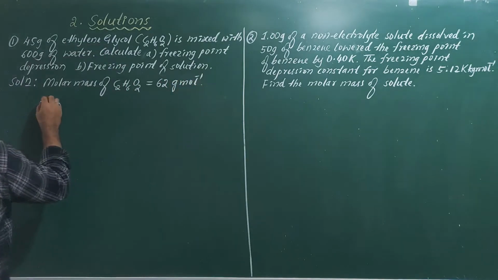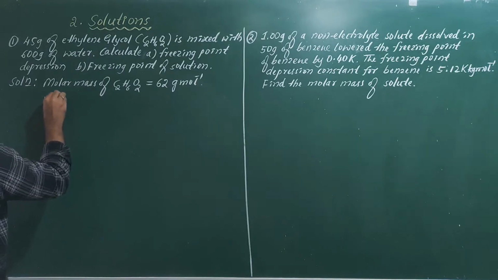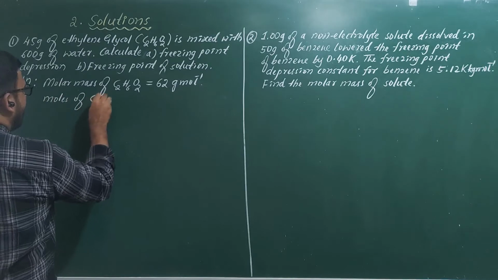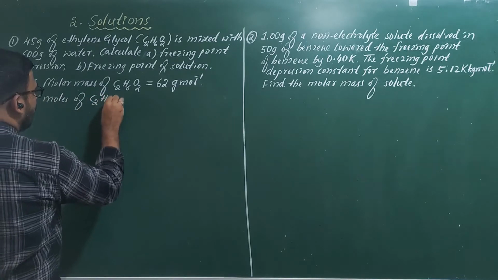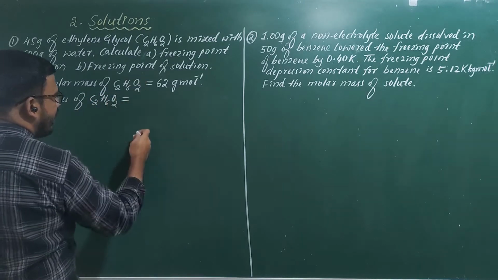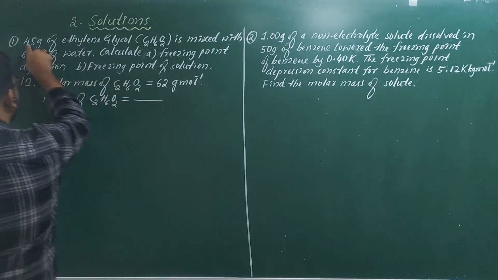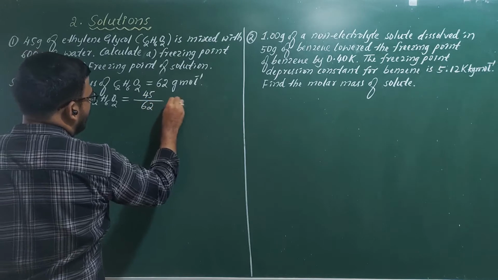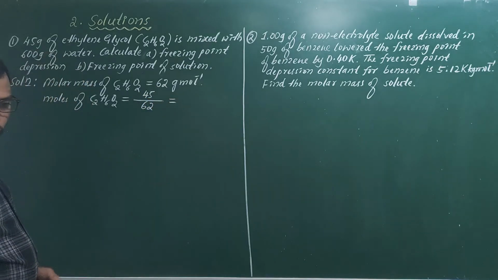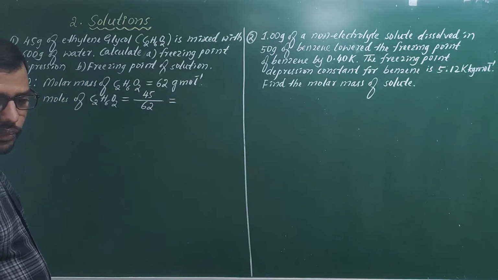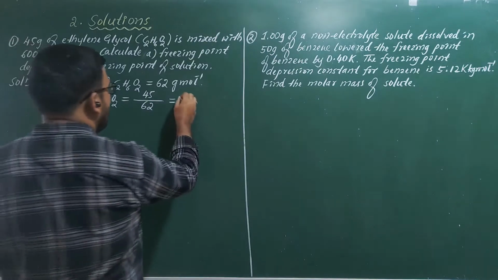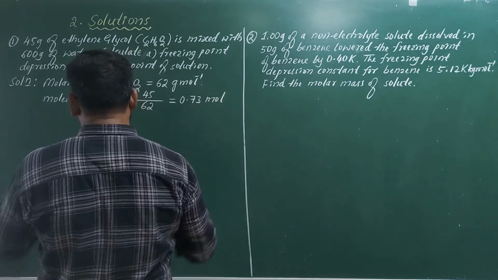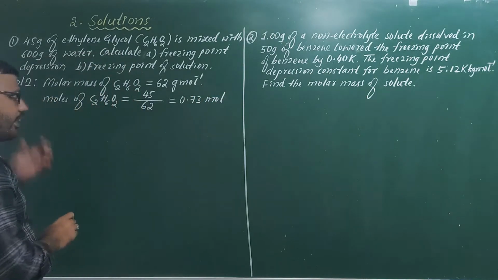Then moles of ethylene glycol, number of moles, is equal to mass divided by molar mass. What is mass given? It is 45. 45 divided by 62 is equal to 0.73 mole.